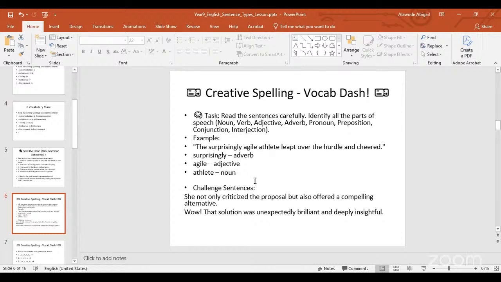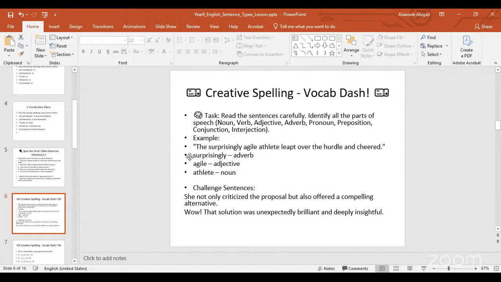Very quickly, you're going to spot the part of speech. I know we did something about part of speech last time, and you were trying to remember how it was when you learned it a long time ago. I hope that this jogs your memory further. So this is the example: The surprisingly agile athlete leapt over the hurdle and cheered.